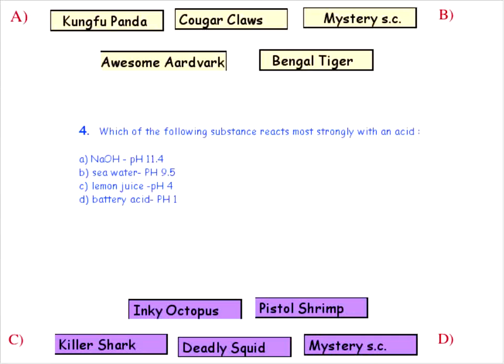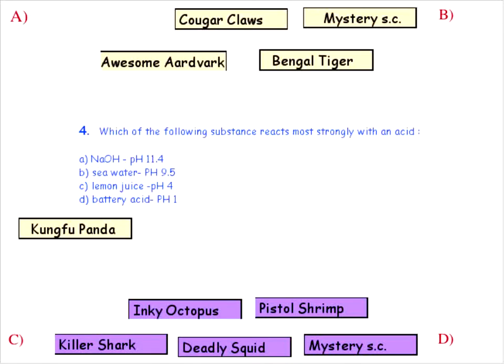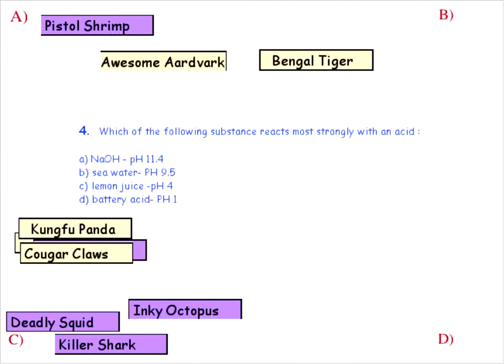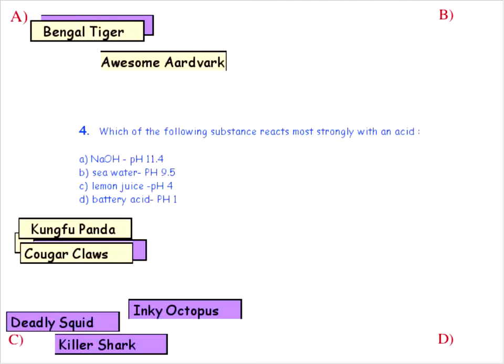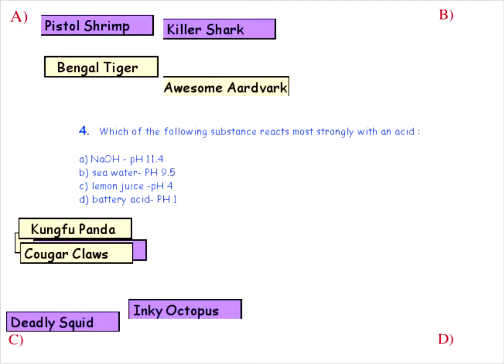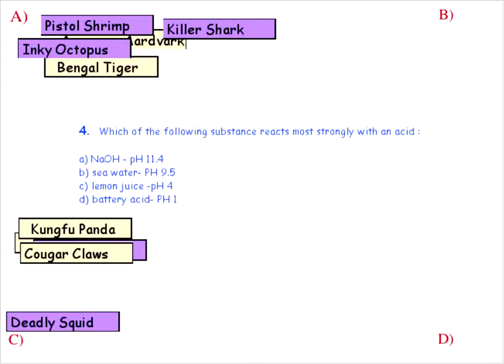Cool. All right, we'll go on to the next one then. Kind of related question. Which of the following substances react most strongly with acids? What do you think? And I'm just going to take Kung Fu Panda and Cougar Claws out of there so I'm not confused. So, Pistol Shrimp says A, everybody else says C. So, we've got 4 A's, 2 C's, and the answer is, drum roll.